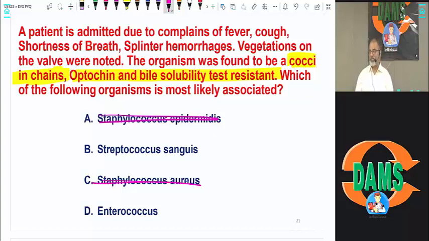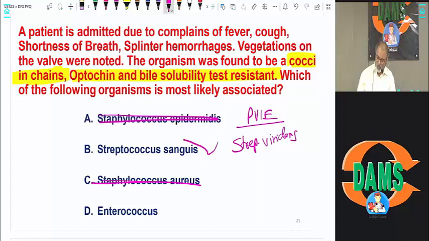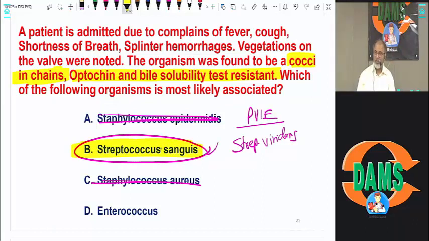Cocci in clusters. Okay, Streptococcus viridans, because it causes prosthetic valve infective endocarditis. An example of the Streptococcus viridans group is sanguis. It belongs to viridans. Sanguis, mutans, all come under the Streptococcus viridans group.